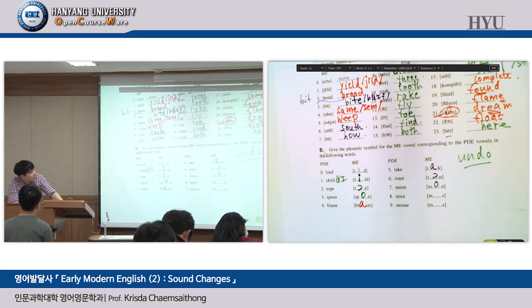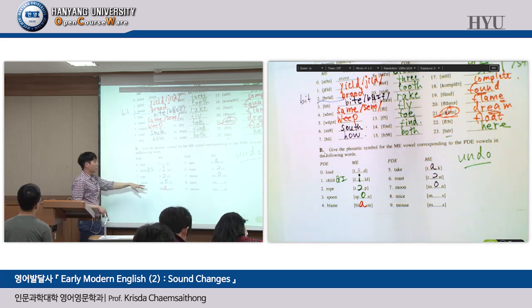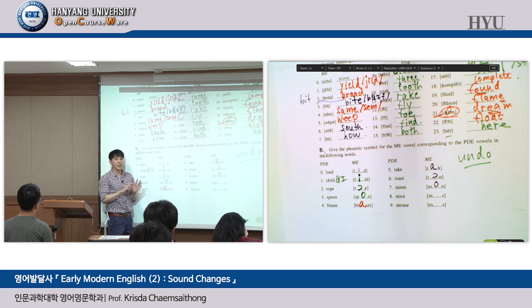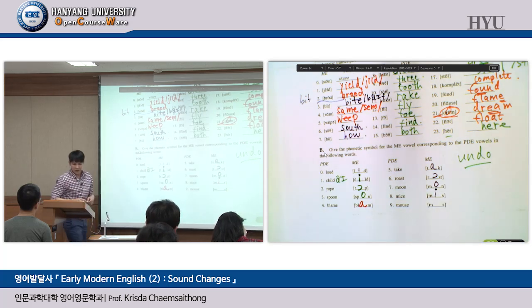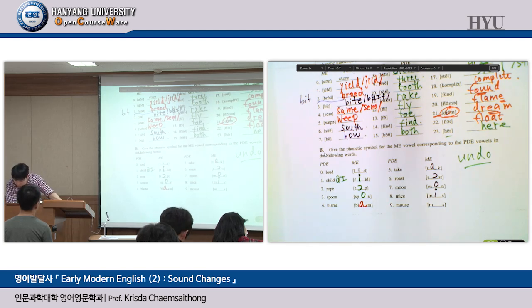And number 8. Nowadays, how do we pronounce it? Mice. So, E. And the last one is 9, mouse.